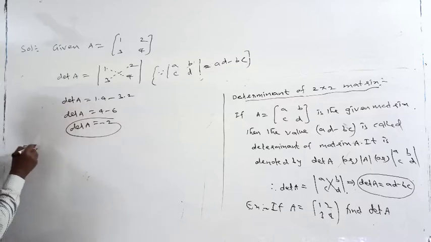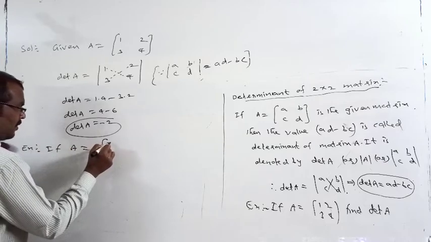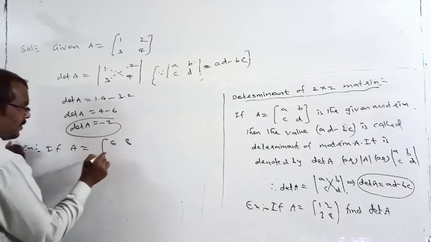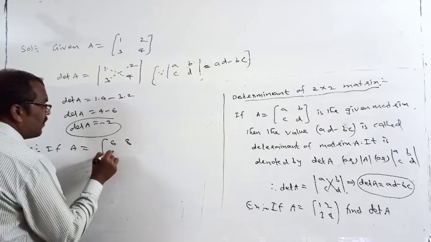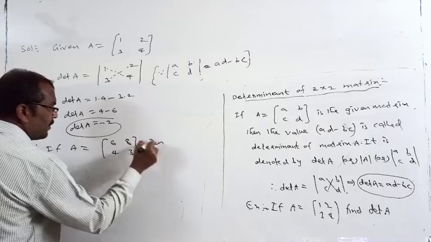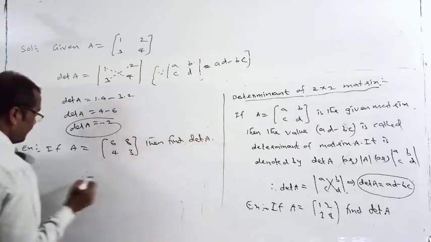Example 2. If A is equal to 6, 8, 4, 3, then find det A. Solution.